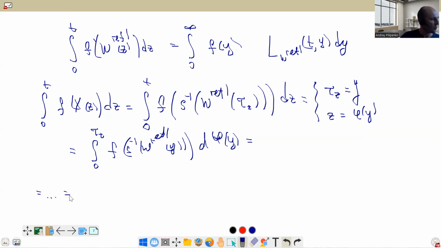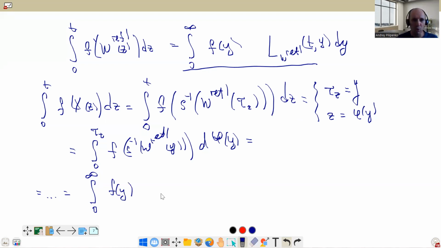So let me write the answer. So we know what is S, we know what is rho, we make some transformations, and after some integration, excuse me, we apply this formula for reflected Brownian motion, and finally we get that this integral is the integral from 0 to infinity of f of y times rho of y squared.